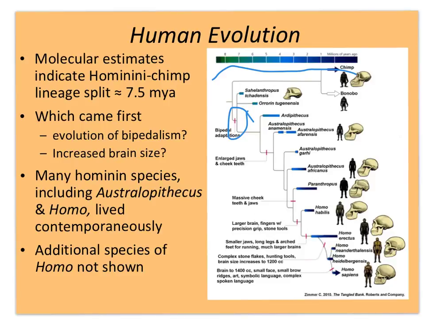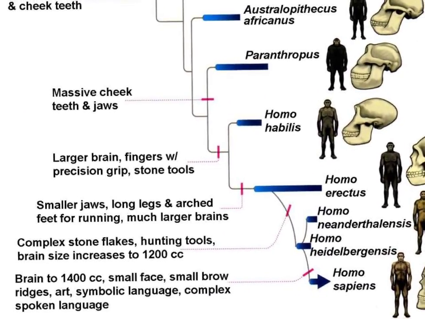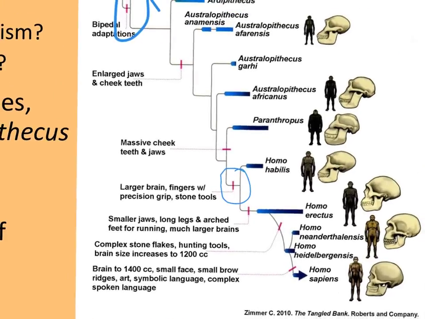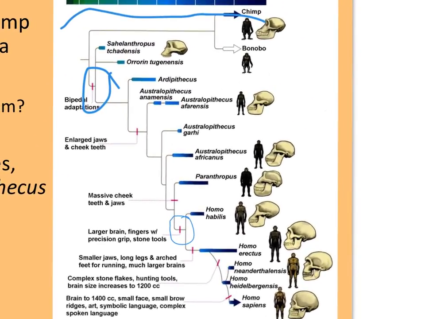Bipedalism shows up in the fossil record first, and it's not until much later that we start seeing an increase in brain size. Before there was Homo, the genus Homo, of which we are Homo sapiens, there were these Australopithecines, like Lucy, the most famous one.